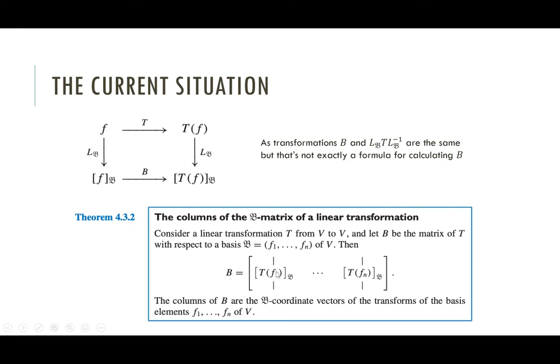You take the transformed F1, write it in the coordinates B. And so on and so forth. Take the transformed Fn, write it in the coordinates. I guess I shouldn't be calling this B. Let's call this pretentious B. So in coordinates pretentious B. So that is how we get our matrix B. Now let's see these ideas in action.